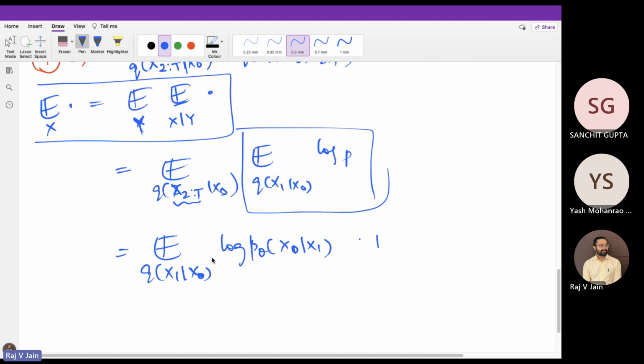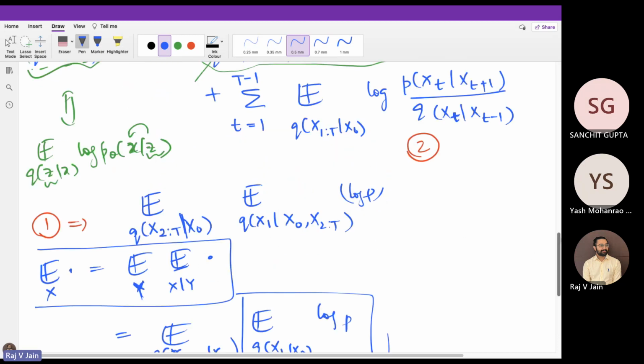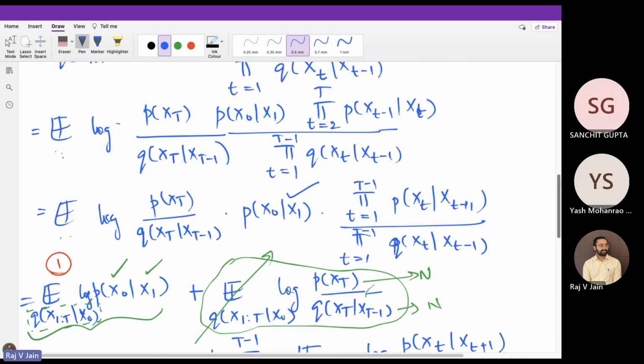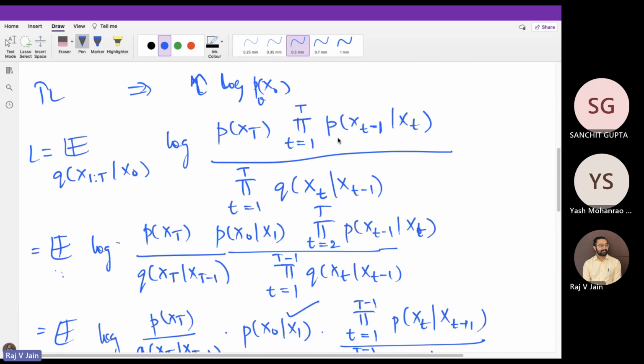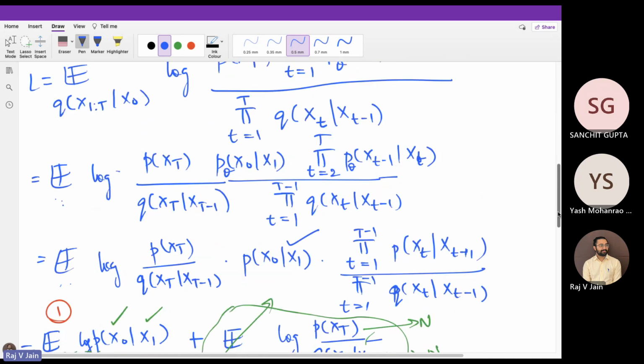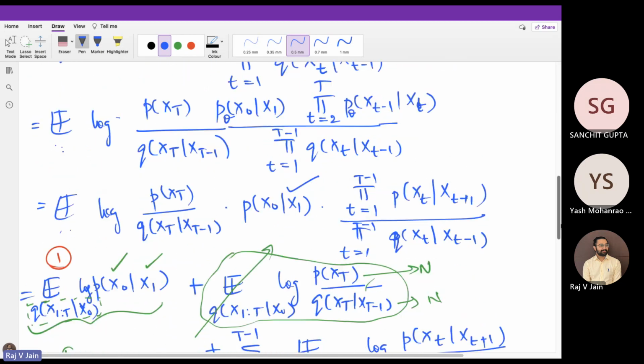The neural network is trying to go from noise to data. That's the p theta part here, so everywhere here it is p theta. Okay, clear until now?